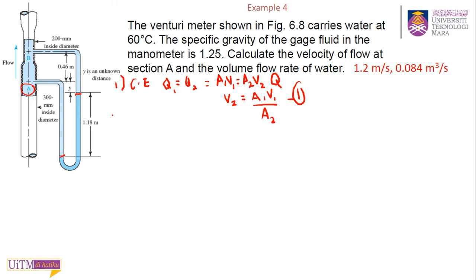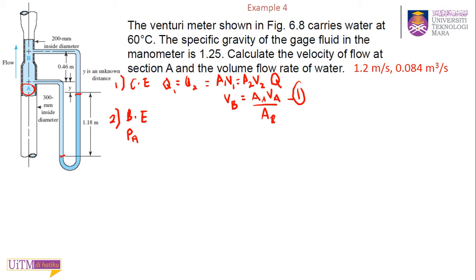Second step, write your Bernoulli equation. Let's write PA, easier. This is VB, and this is V at A. I used A1 earlier because I was afraid of confusion.